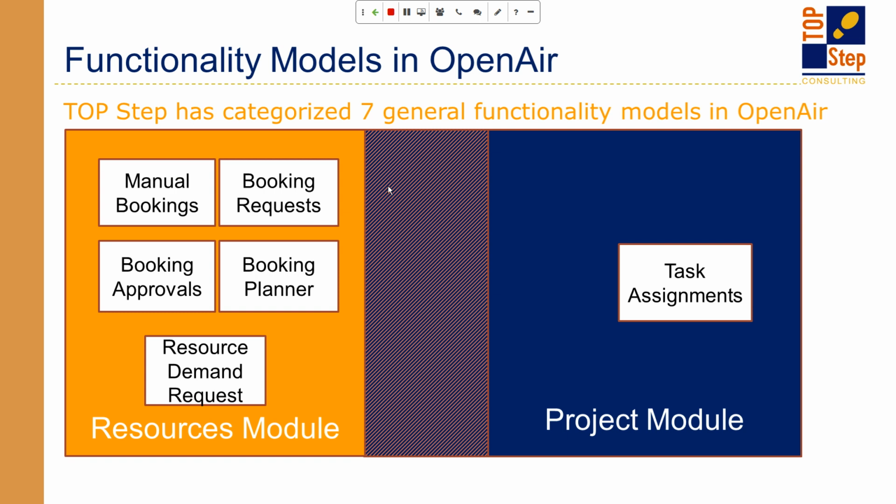One advantage of the bookings is that, depending on which feature you use, it does tend to support either a centralized or decentralized model. We find that using the projects module tends to work best with a decentralized model, where the people who are in the project day to day are the ones who are actually managing the resources.